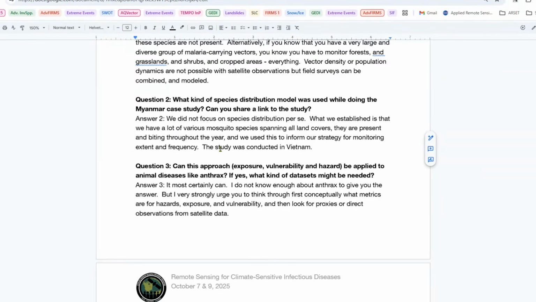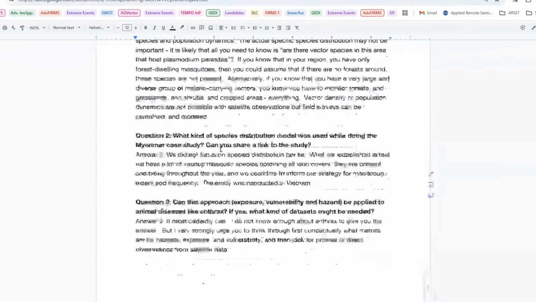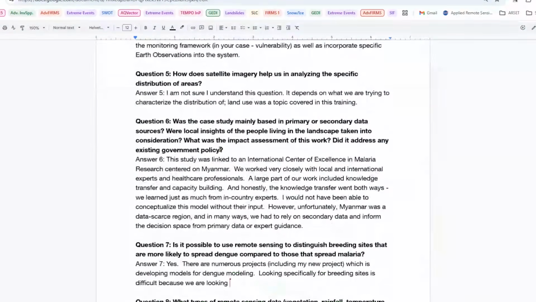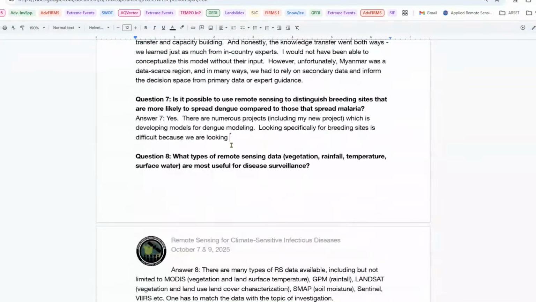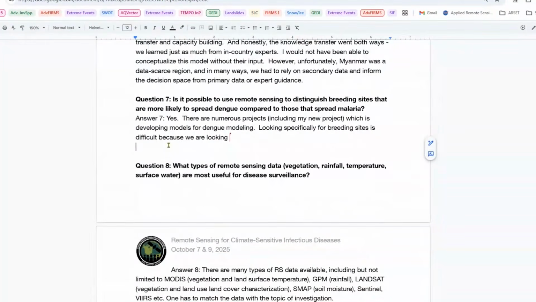Okay, another interesting question is question number 7. Is it possible to use remote sensing data to distinguish between breeding sites that are more likely to spread dengue compared to those that spread malaria? Yes. So the interesting thing about dengue and malaria is that the answer is going to vary quite a bit based on where you're observing.